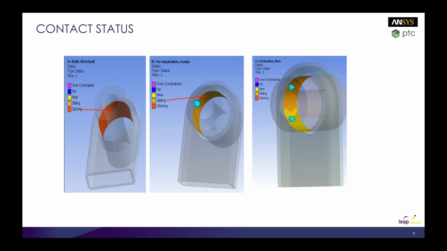With the frictionless contact, where there's a gap, it will have a near contact status, and wherever it's touching, it's sliding because there's no frictional resistance.